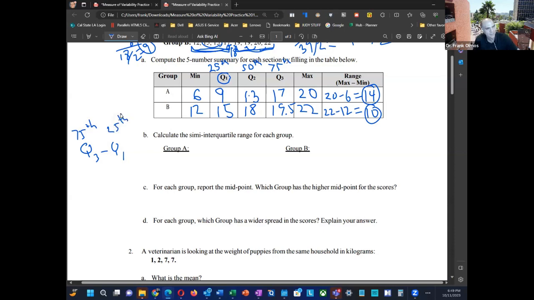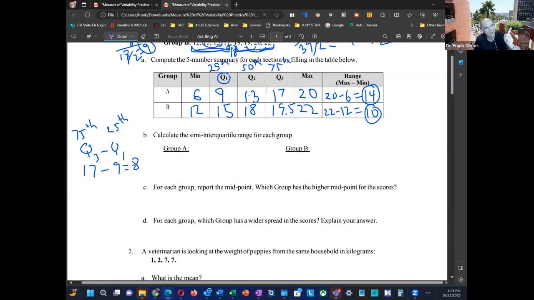In this case, group A is going to be 17 minus 9. What do you get? You get 8. That's the interquartile range.